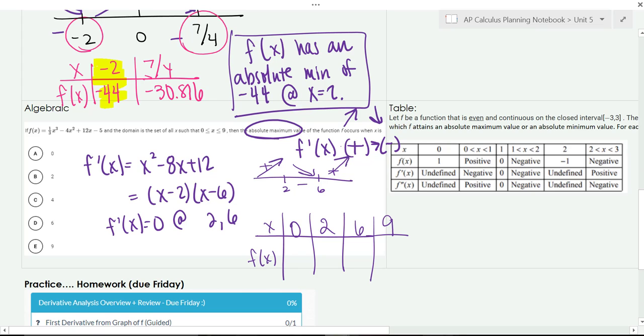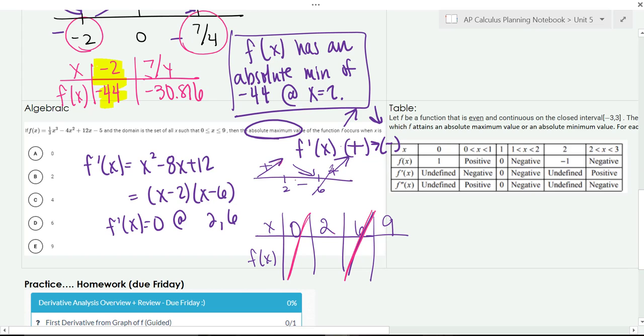This automatically is going to get rid of that 6, so I don't even have to worry about checking that 6 because I know that 6 is going to occur at a minimum. So let's get this done. I also know that I can get rid of 0 because it's increasing from 0 all the way to 2. So if we're increasing all the way to 2, it's not going to be my highest value.